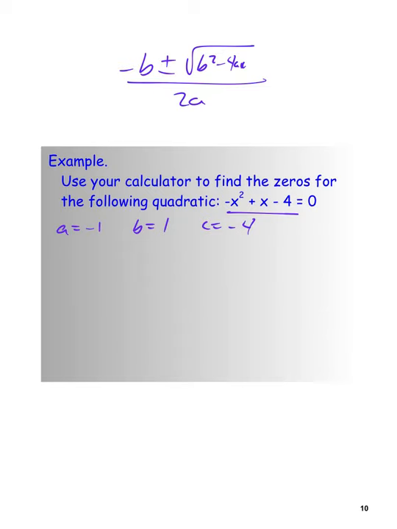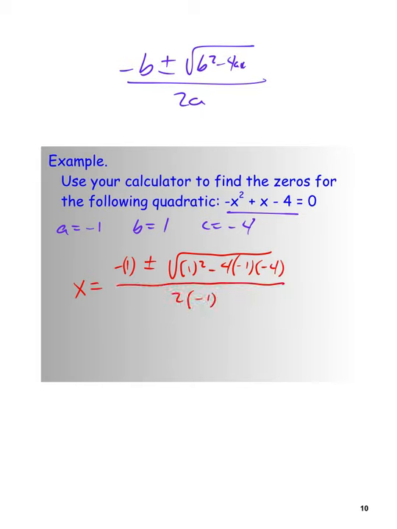So x equals negative 1, since that b is 1 and the negative is out front, plus or minus the square root of b squared, which is 1 squared, minus 4 times a times c, all over 2 times a.